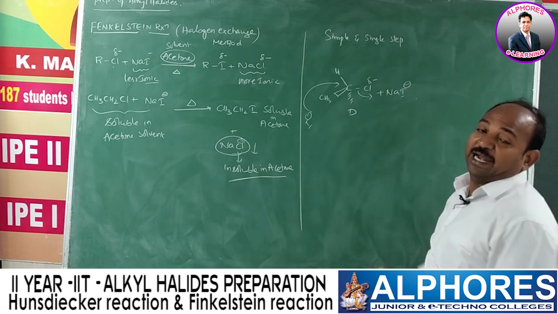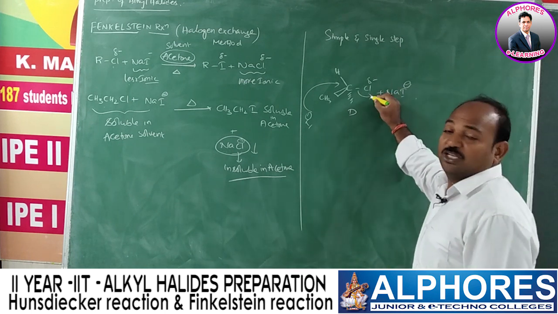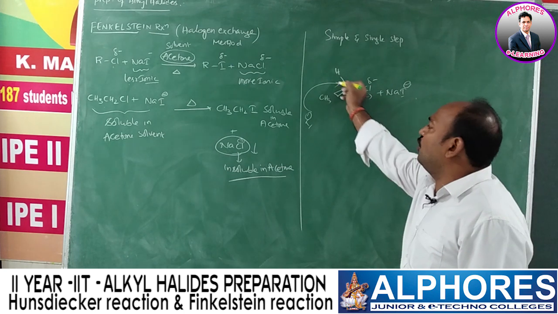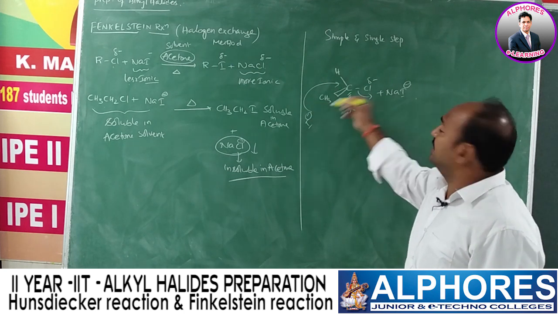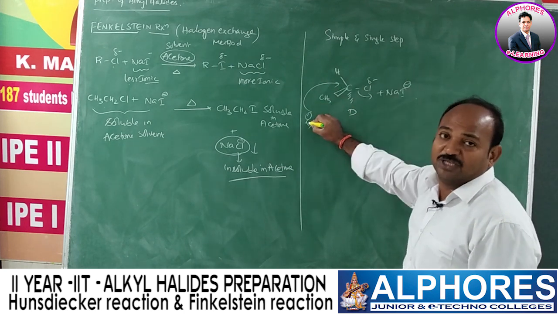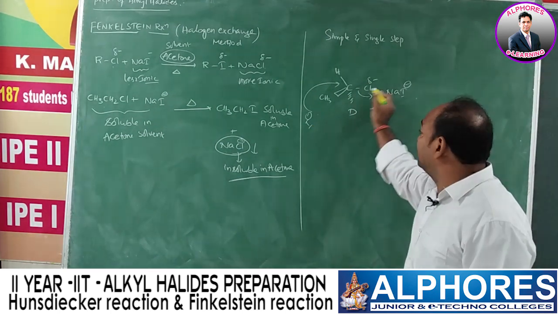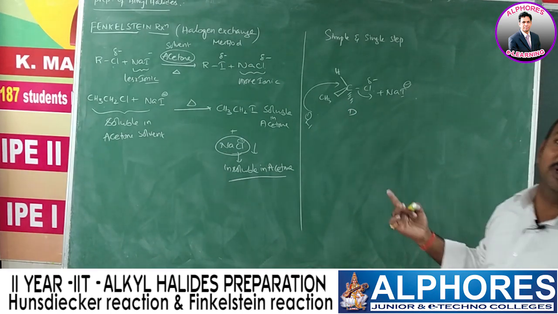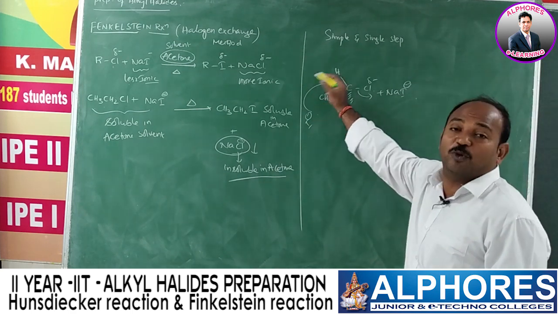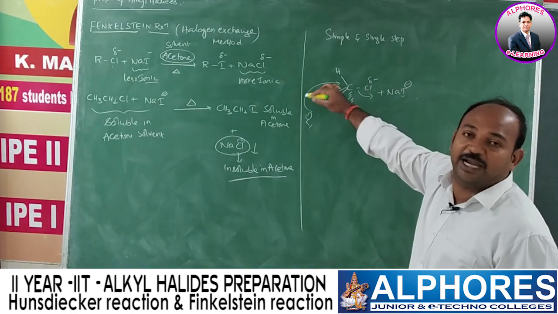This one is negatively charged, and the attacking nucleophile is also negatively charged. Since both have negative charge, these two repel each other maximum. That's why they maintain maximum distance, and I minus approaches exactly the rear side with respect to Cl minus.